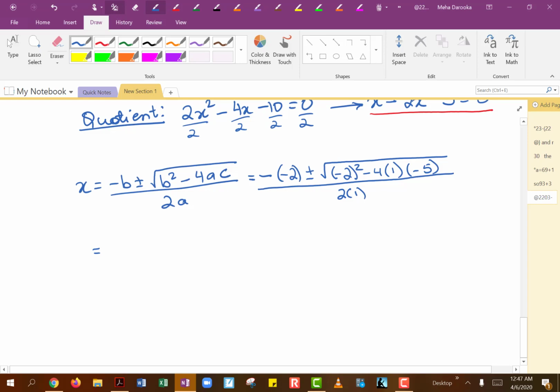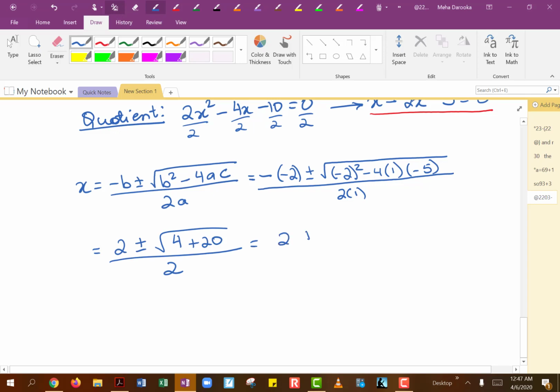So this will give us positive 2 plus or minus, that's negative 2 squared, which is 4. Negative 4 times 1 times negative 5 will be negative and negative, positive, so that's positive 20. And then 2 times 1 is 2.